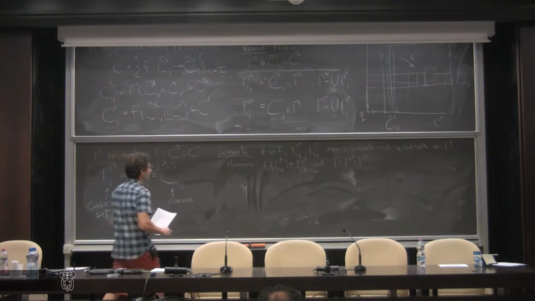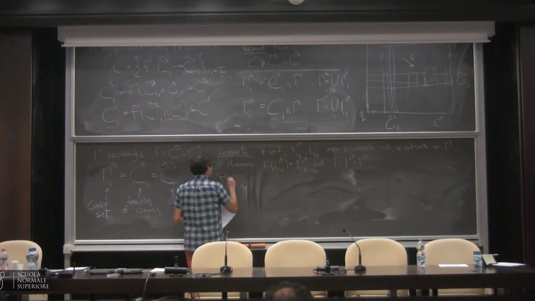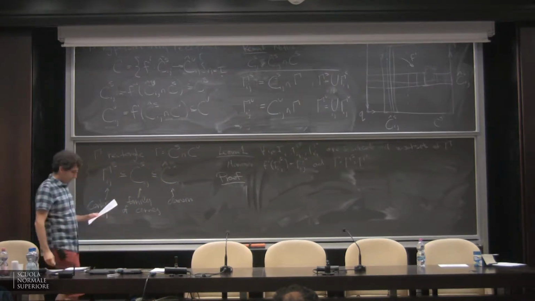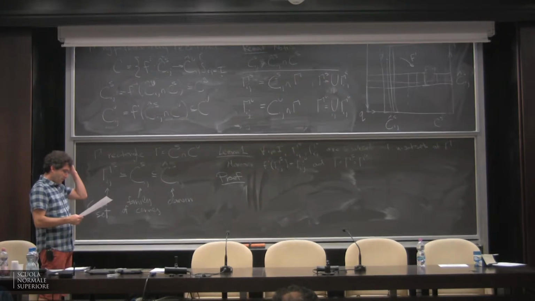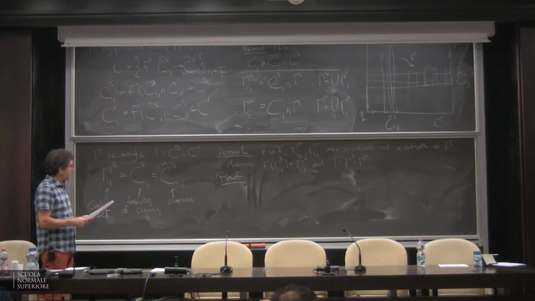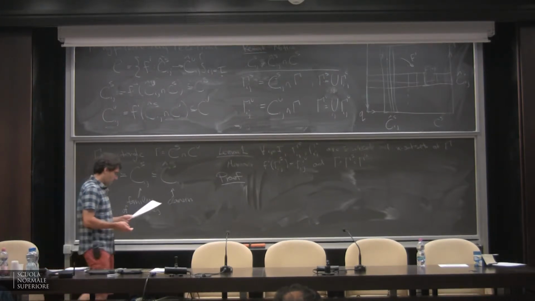Okay, so let me try to sketch the proof of this. First of all, it's fairly clear that there are subsets of gamma.